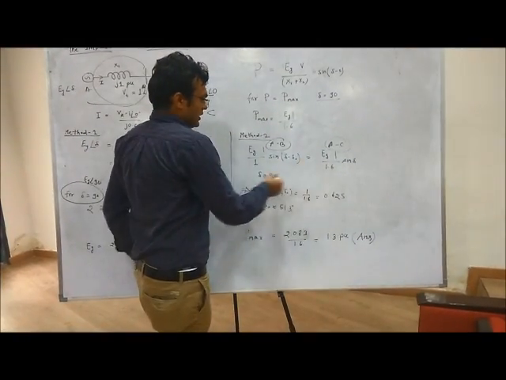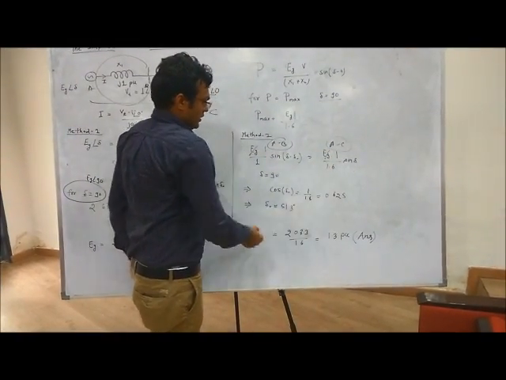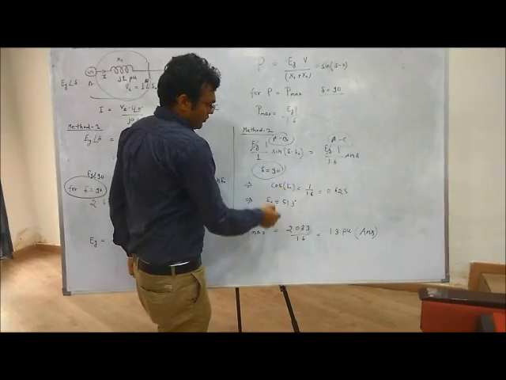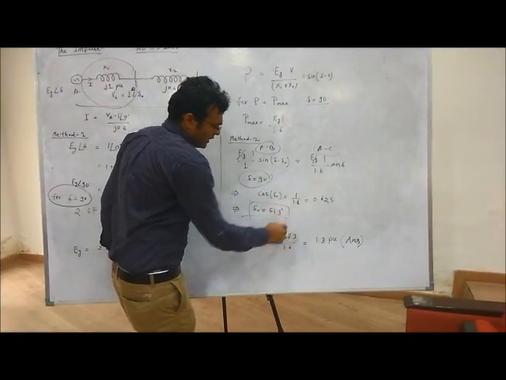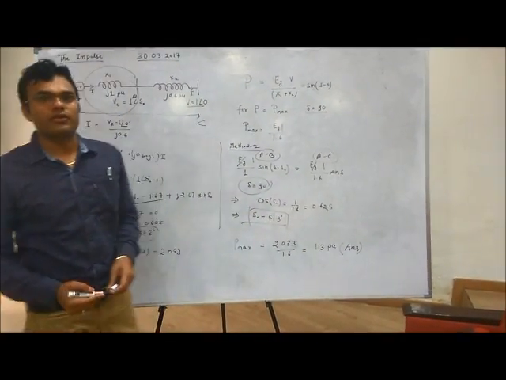By equating, this Eg term will be cancelled out and this delta is 90 degrees, so we'll finally get delta naught equals 51.3.